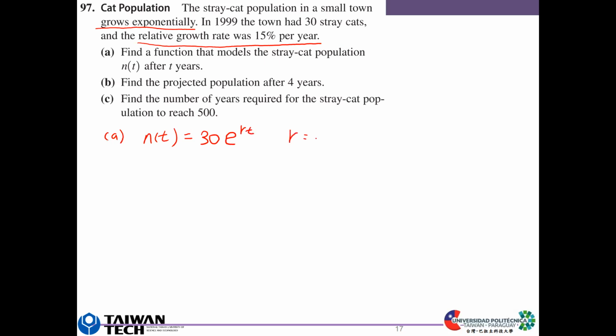R is the annual growth rate, 15%. Okay, so this is our first equation. Let me put the value of r into our equation, which is e to the power of 0.15t.